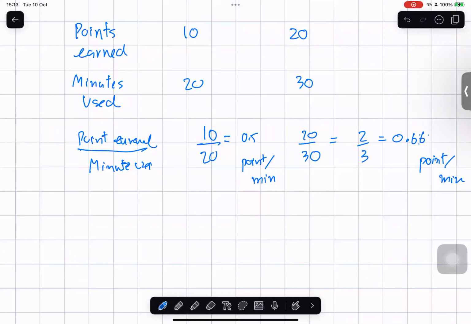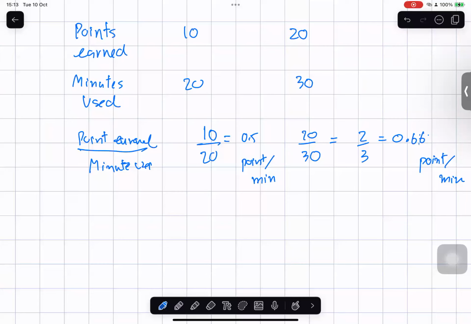So if we have 1 minute left, which question do you want to do? Yeah, this one. Per minute generates higher additional point than this one.